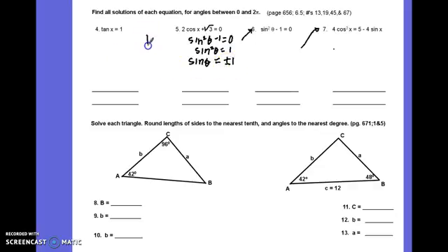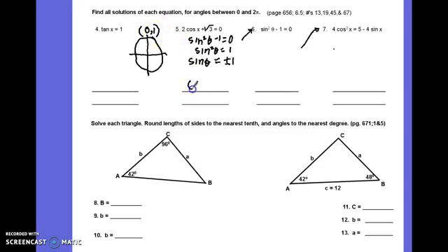Just to give you a little help, I'm going to try to remember to provide you with a blank unit circle for your exam so you can fill it in and have it for ready reference. Here would be one solution, recalling that the sine is the y-coordinate.